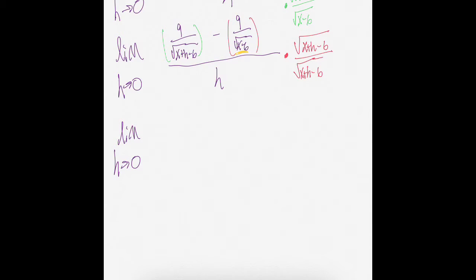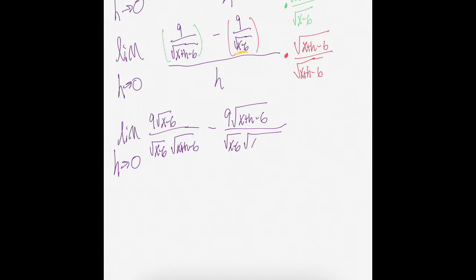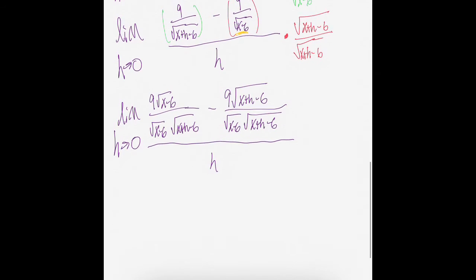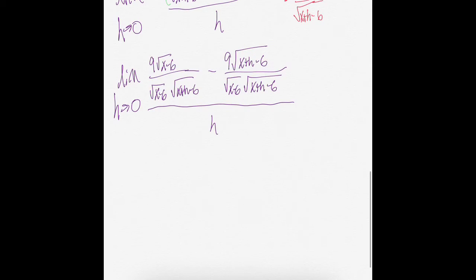That's going to give me 9 root x minus 6 over root x minus 6 times root x plus h minus 6, minus 9 times root x plus h minus 6 over the same denominator now, root x minus 6 times root x plus h minus 6. All of this over h.